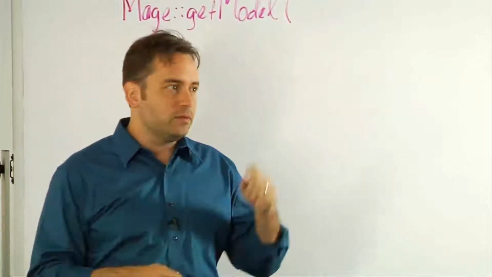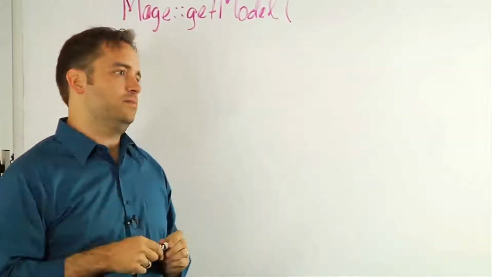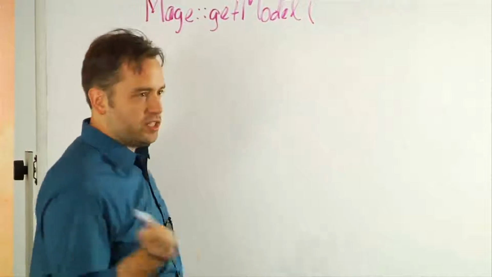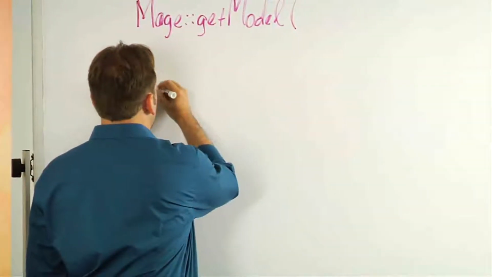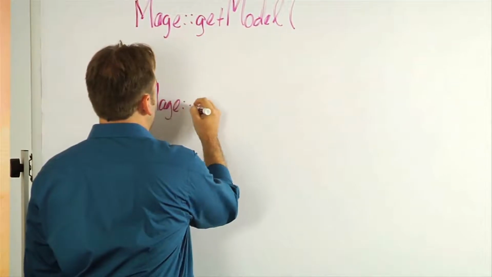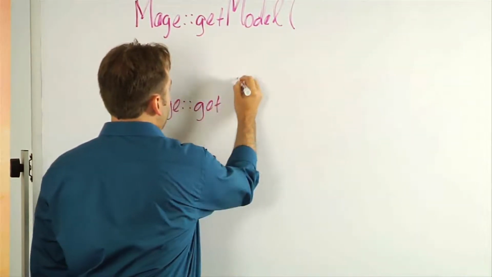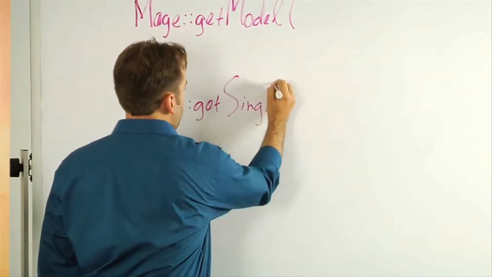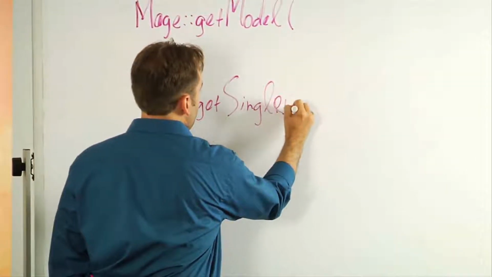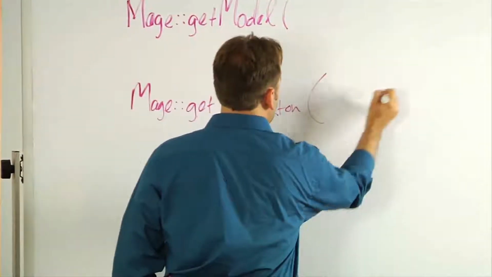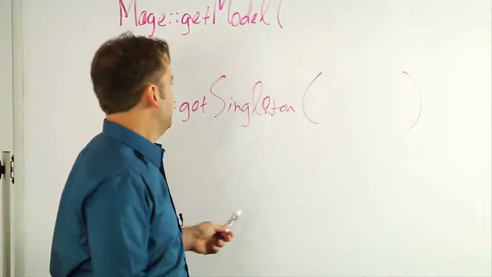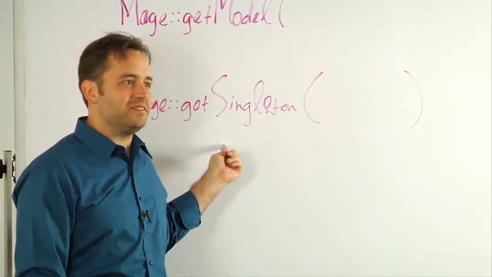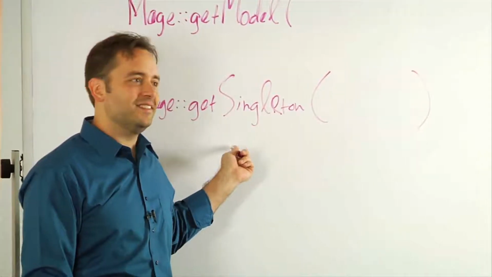So you have model, and then you also have singleton. Okay, so singleton is an option: Mage::getModel, Mage::getSingleton. And of course, you could probably infer from the method name that you're going to get a singleton here.